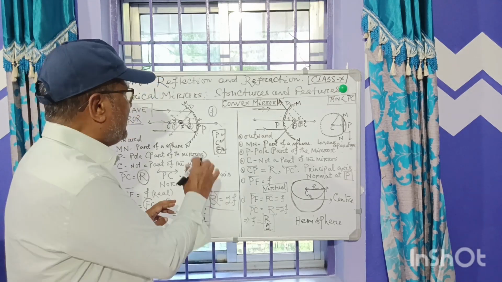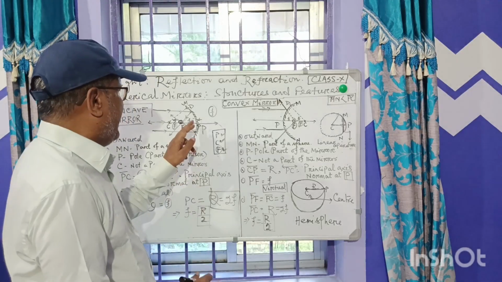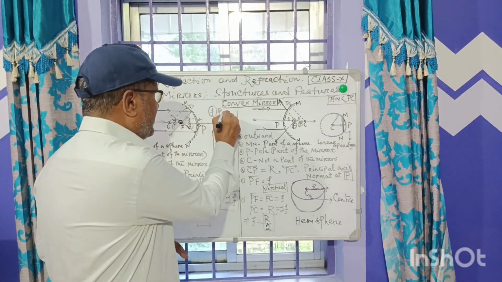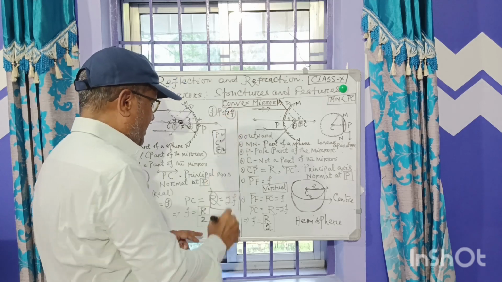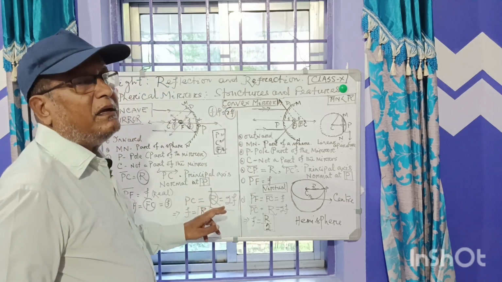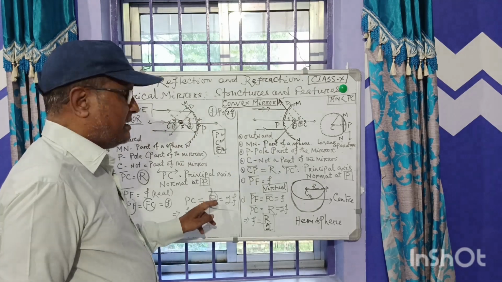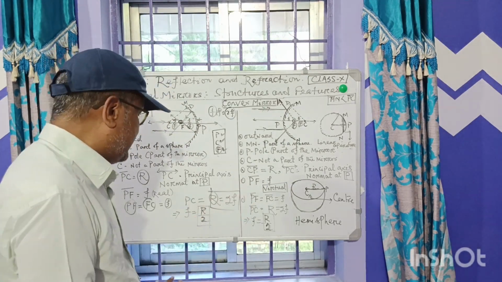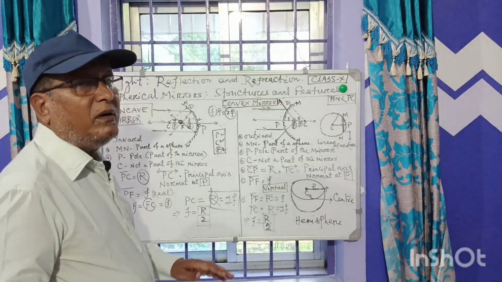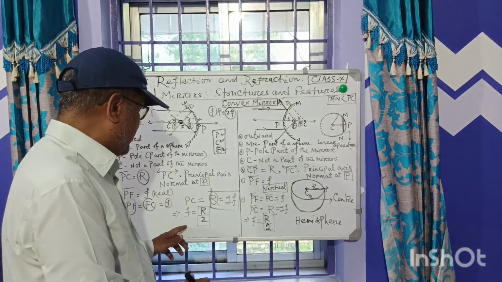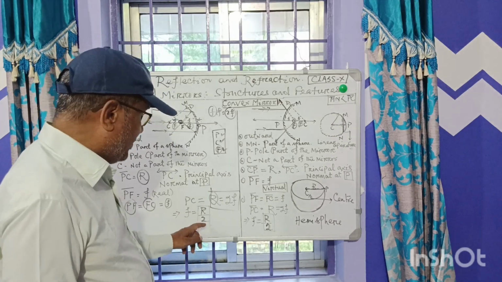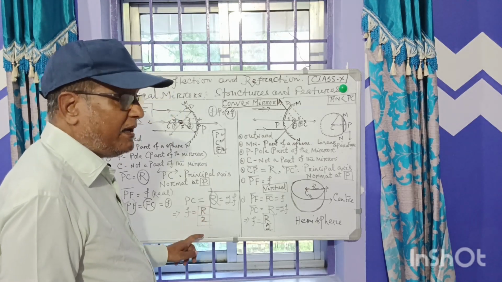So simply we can write PC is equal to PF plus FC, so PC is equal to twice f. So the radius of curvature is equal to twice the focal length. Now by transposition we can derive the focal length f is equal to radius of curvature R by 2.